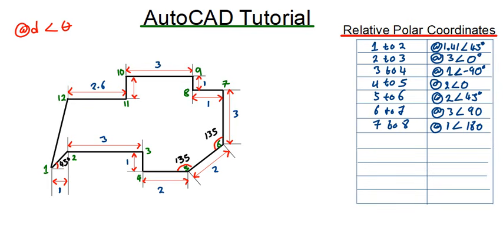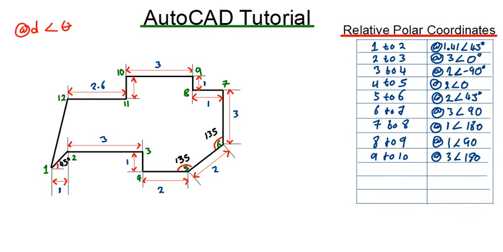Okay, so let's look at from 8 to 9. From 8 to 9, the distance is 1, the angle is 90. I believe you know this by now. You can even try to pause the video and find those, then compare with what I'm going to find. Then from 9 to 10, the distance is given as 3, then the angle is going to be 180.